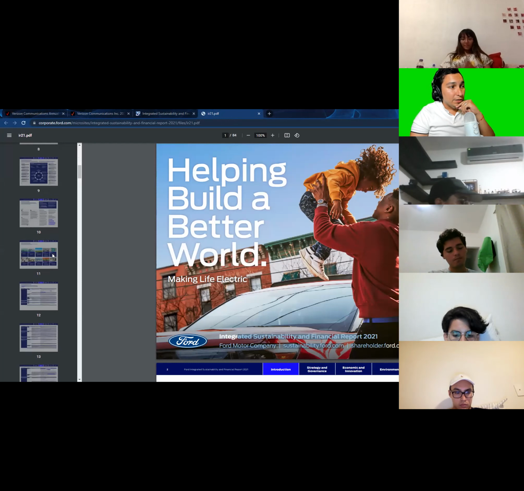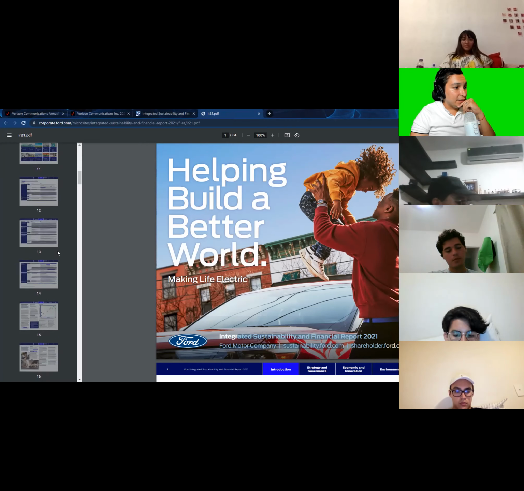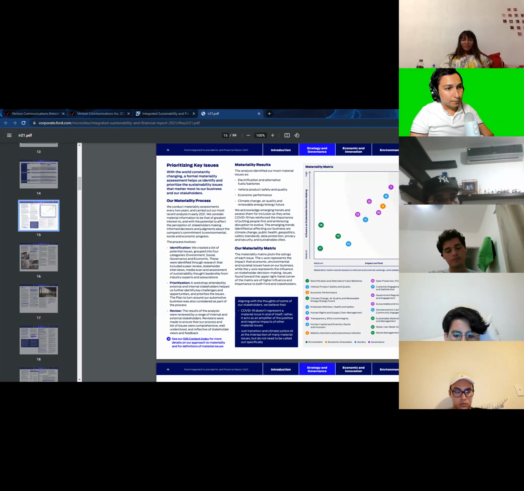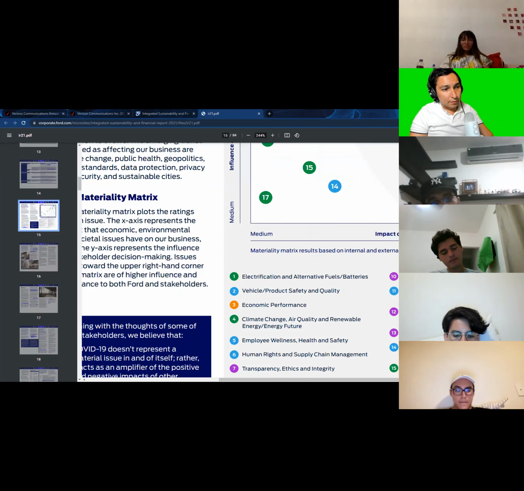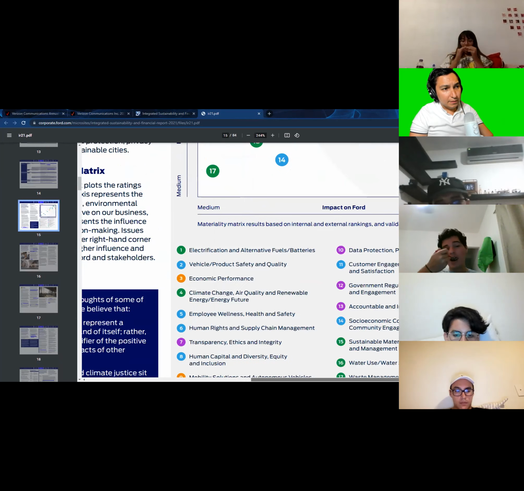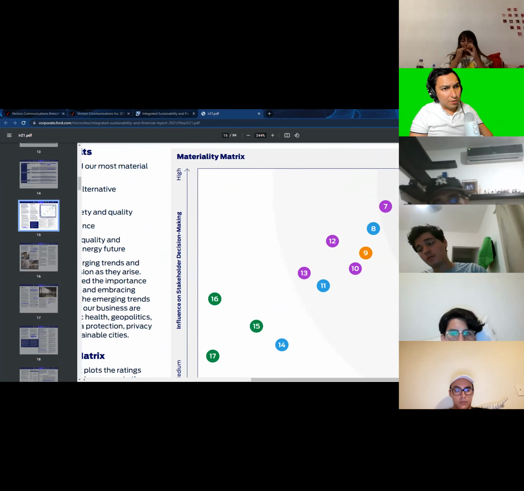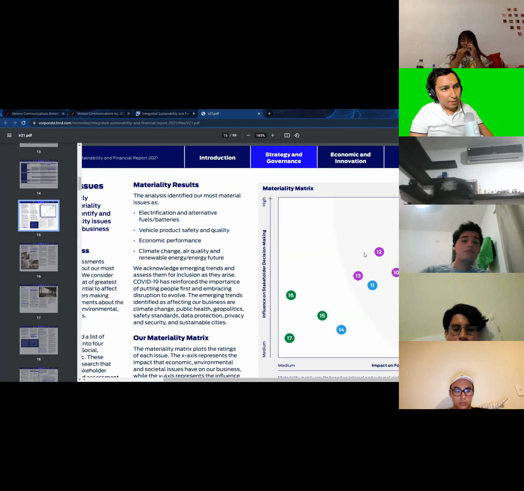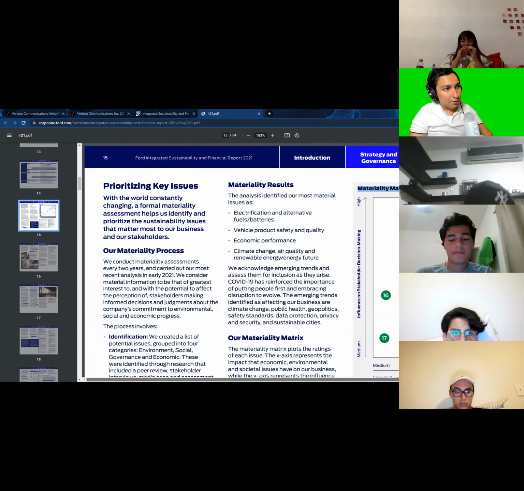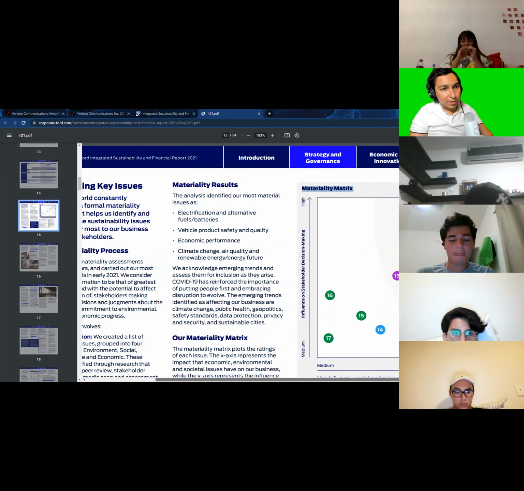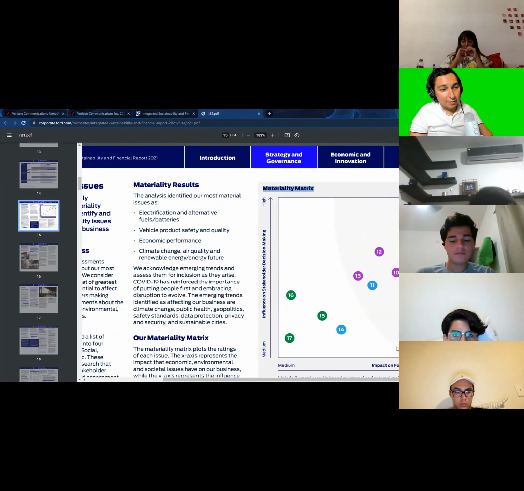Okay, where can you find the sustainability strategies? Take a look. This is the prioritization matrix, or materiality matrix, for key issues regarding sustainability.